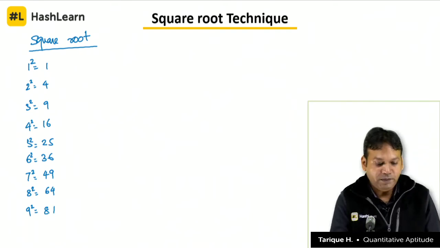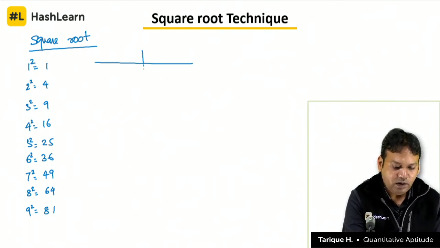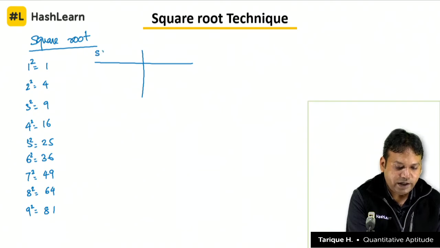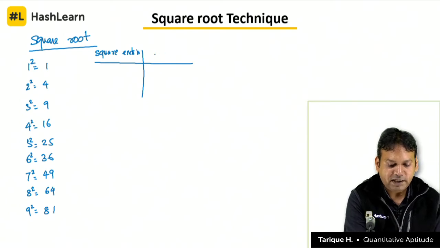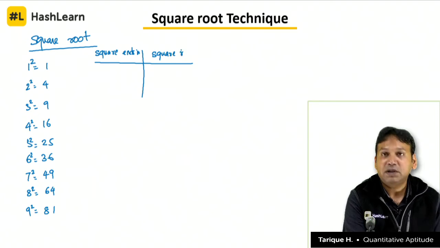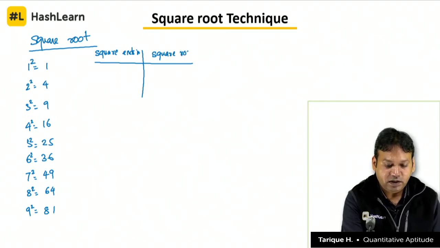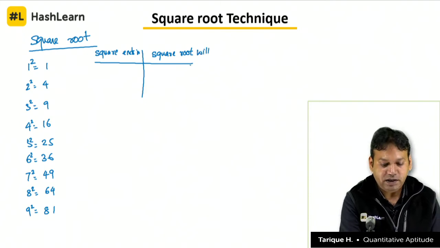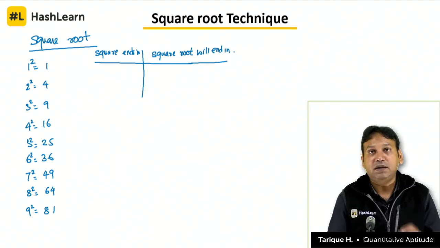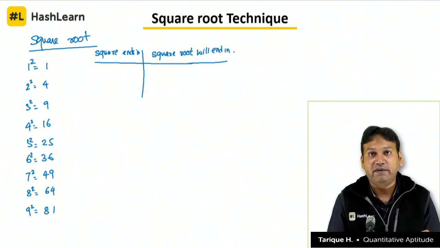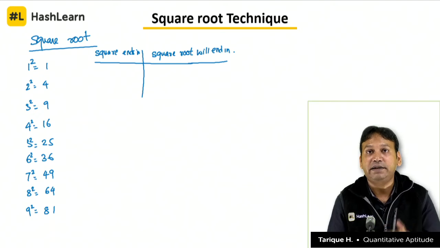Now you will see here, we will make a very quick table. We will say the square ends in, and on the right hand side we will say square root will end in. So observing the last digit of the square of numbers from 1 to 9, based on the last digit of the square, we can find out the last digit of the square root.